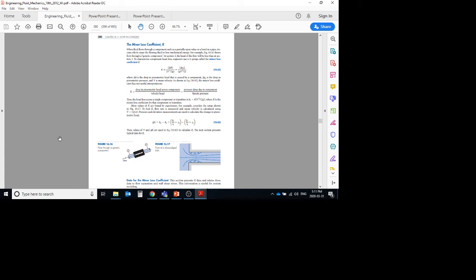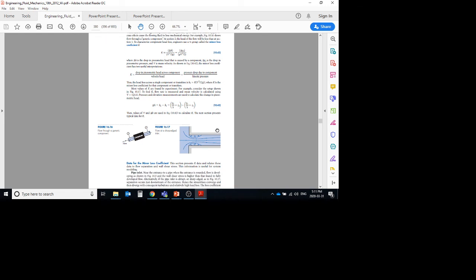For those you might have some minor losses. So head loss is known as major loss, and the pressure loss due to the pipeline components is known as the minor loss. So how can we calculate the minor loss? The minor loss equals K times V squared by 2g, where K is the minor loss factor.